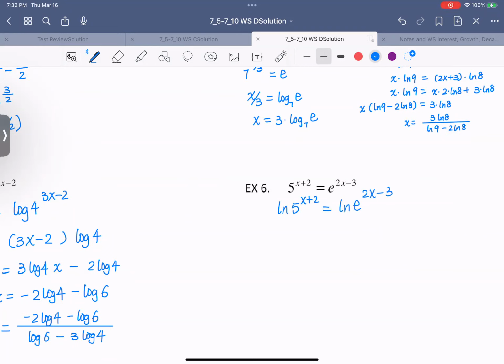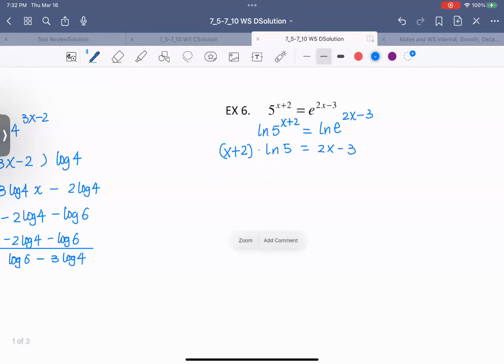Keep going. ln 5 to the power of x plus 2 equals 2x minus 3, because ln of e equals 1. Okay? Now let's do this distribution.